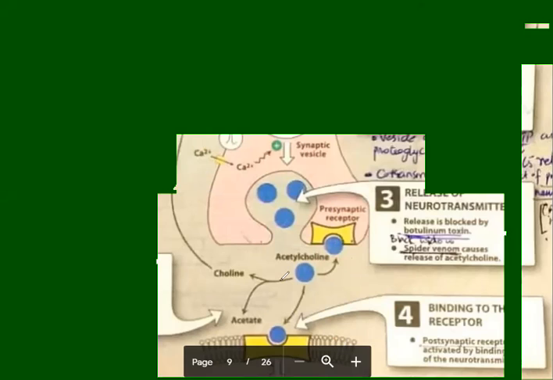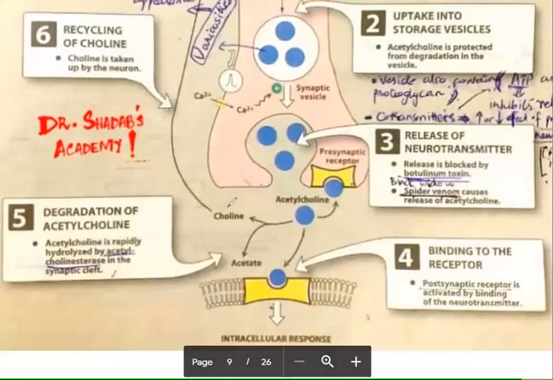Either we give them an agonist or an antagonist, or the direct agonist or the indirect agonist. All of these we will study from First Aid next. Right now, I just want you to make this concept better. Say, for example, this whole thing is blocked and we have bethanechol here.